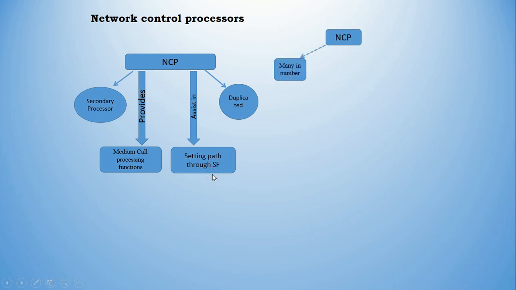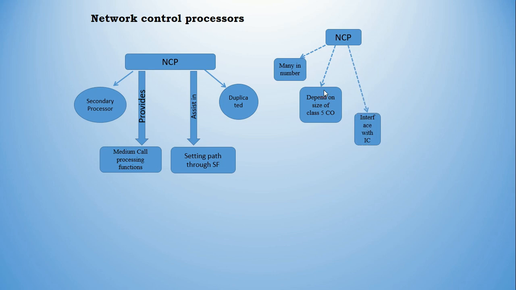Then how many NCPs can be connected to one particular central processor, that is important. You can have many NCPs connected, but it depends on the size of the class 5 CO. So that means how many subscribers are connected for class 5 depends on the size of the NCP.